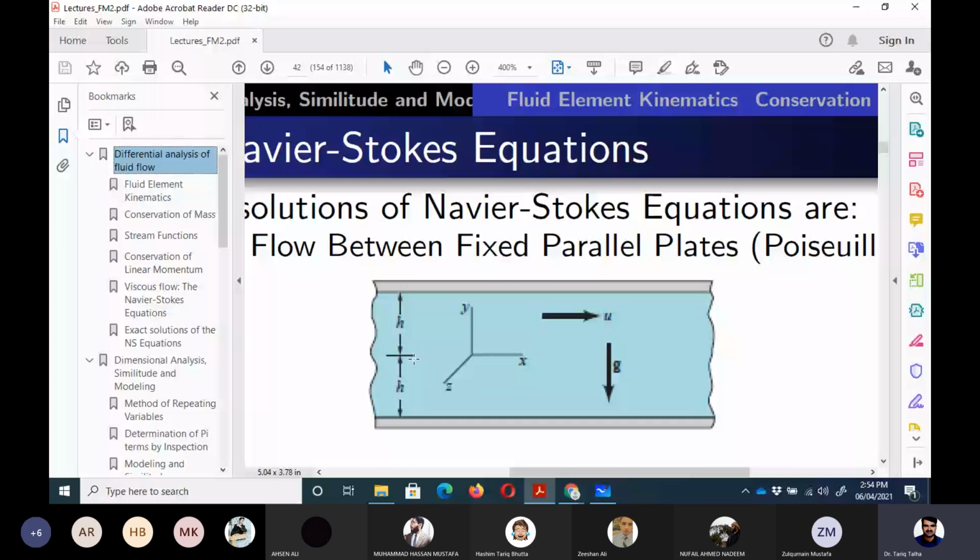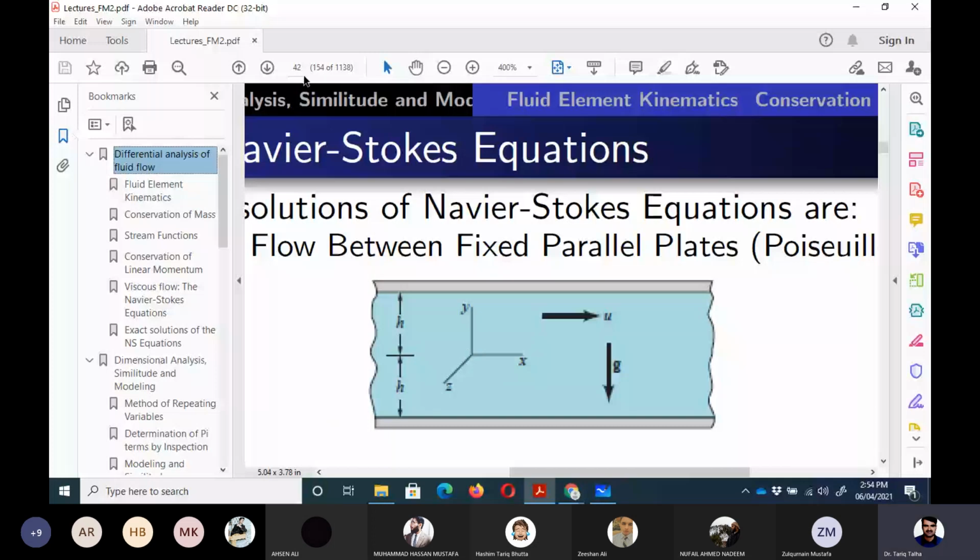The reason is that after doing the solution, we will find that the flow is symmetric along the center line. That's why the y coordinate starts at the center, x similarly starts from here, and z is outward. Let me go back to the original.